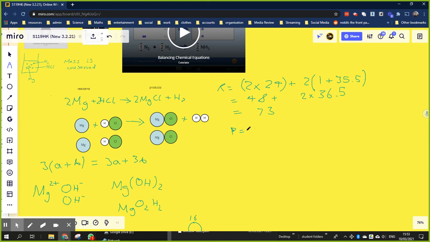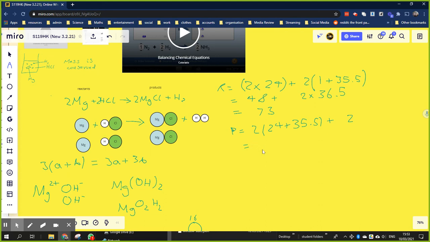Then the products is going to be equal to 2 times magnesium plus chlorine. Now you told me already that magnesium was 24, and chlorine is 35.5, and then we've got hydrogen, and we've got 2 lots of hydrogen, so plus 2.